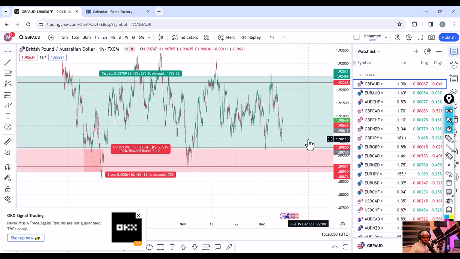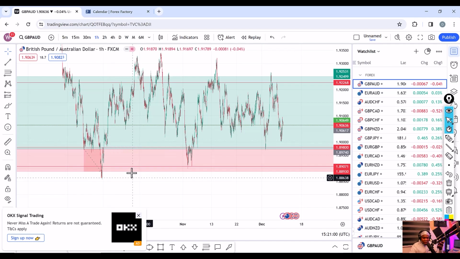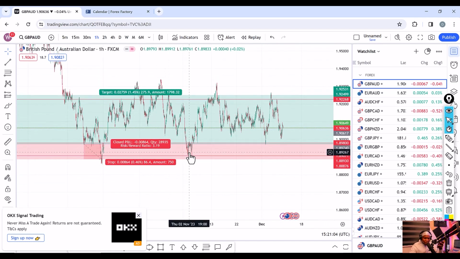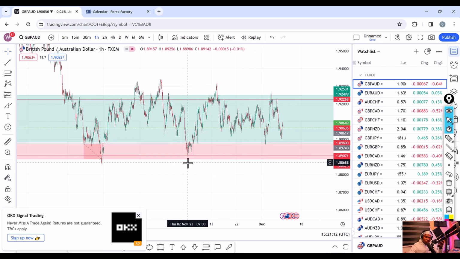Okay, so what I'm going to do is first mark my first entry level, my second entry level. Then where do I want to keep my stop loss? Below this recent low. So if price touches this level, then take me out. However, that is unlikely from, again, analysis. It's unlikely.